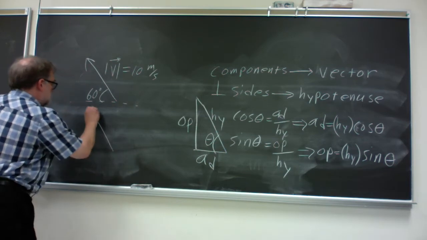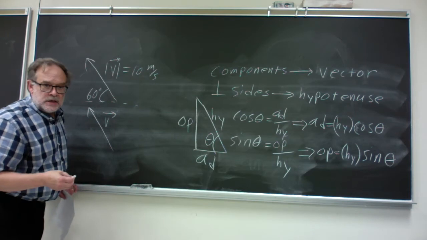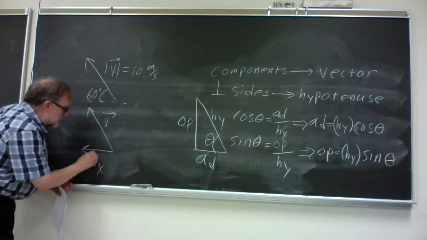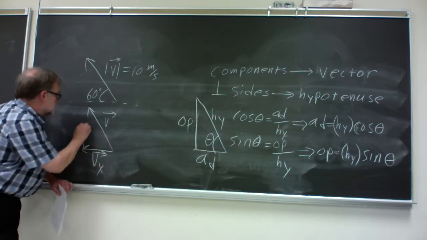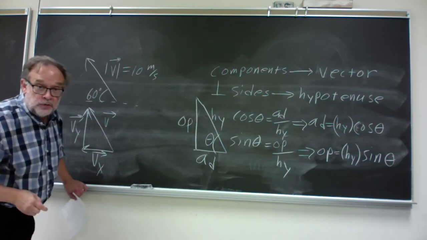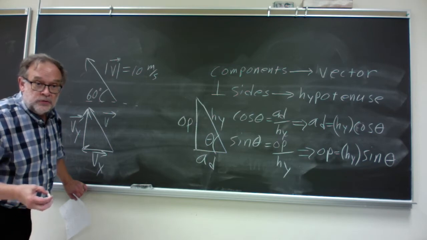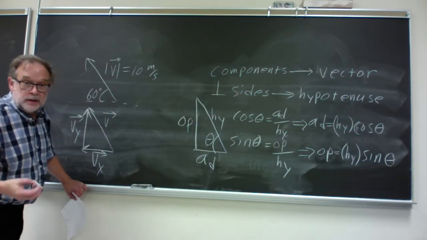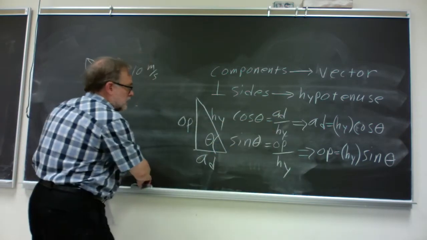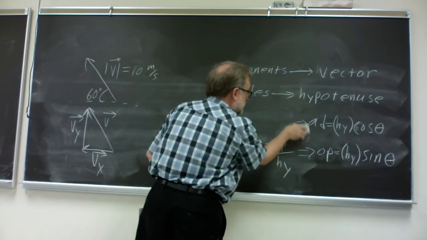So there's the vector, and we can think of that vector as a sum of some velocity this way, that's the x component of the velocity, plus some velocity this way, that's the y component of the velocity. And then we can use trigonometry to figure out what the values of vy and vx actually are by using these rules here. So I'll get a little space by erasing some things, but I don't want to erase that.